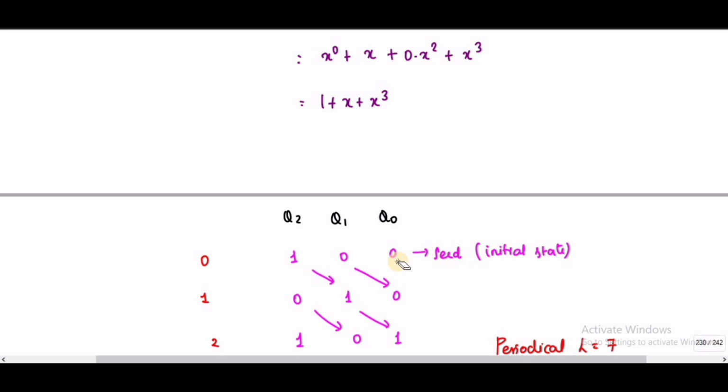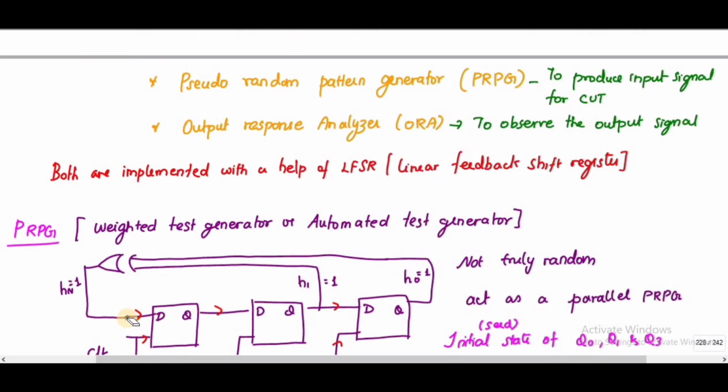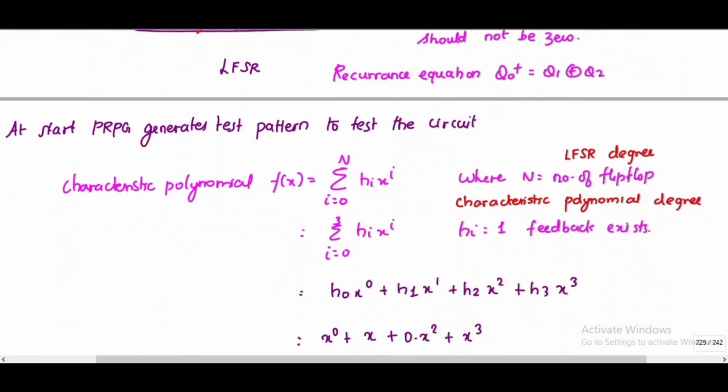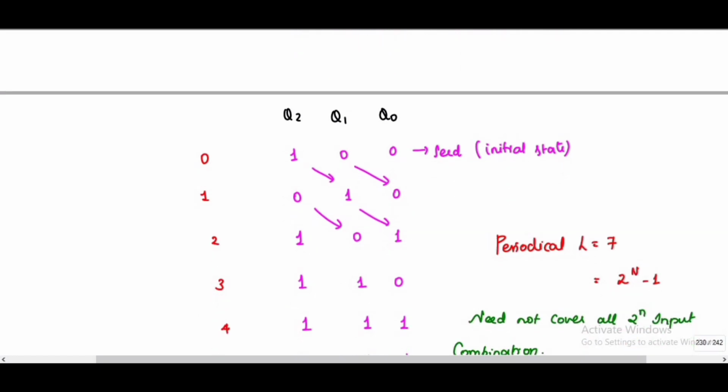Looking at this diagram, with Q0, Q1, Q2, Q2 plus is equal to Q1 XOR Q0. So I substitute here. The initial value of the seed is 100. Q2 plus is equal to Q1 XOR Q0. If I XOR Q1 with Q0, I will get 0.